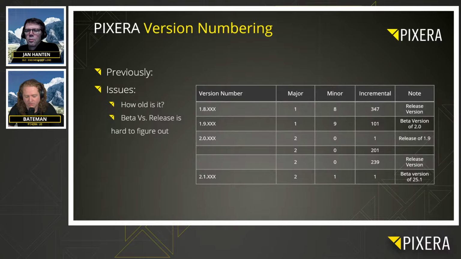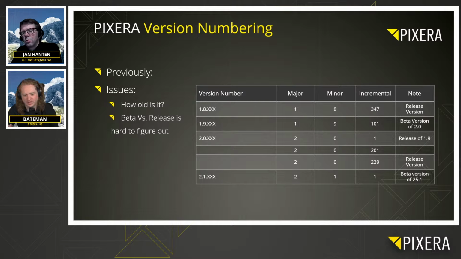Previously, we had 1.8, and then we had 1.9, and then we had 2.0, and all of these things made it hard. It had some issues. It made it hard to know how old a version was. You couldn't really timestamp it anywhere. You just had to take a guess as to when it was released.